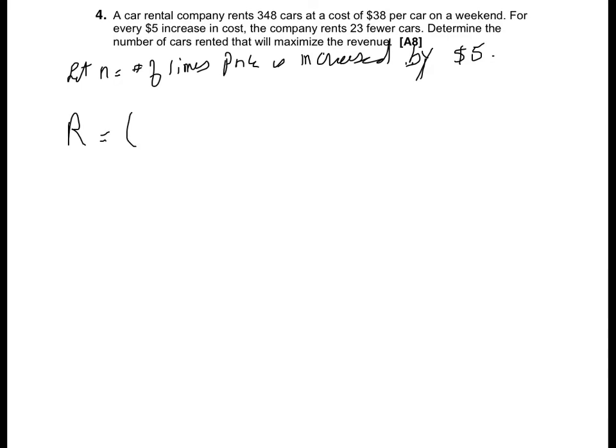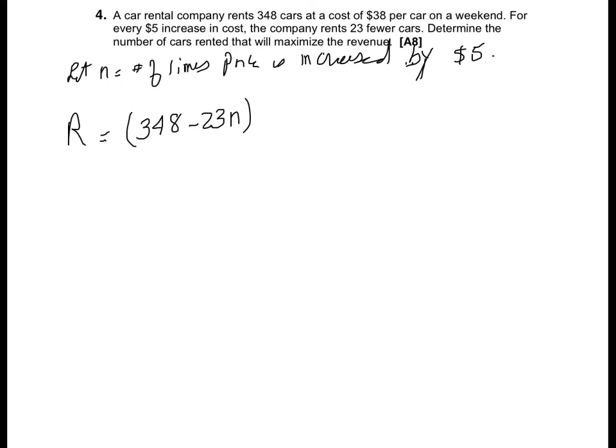We know that initially the number of cars rented is 348. Every time we increase the price by 5, there are going to be 23 fewer cars. So 348 minus 23n. Again, if n is 0, this means that there is no price increase, so there is going to be 348. If you increase it by 1, n is 1, then it's going to be 348 minus 23 times 1. So this relation is correct.